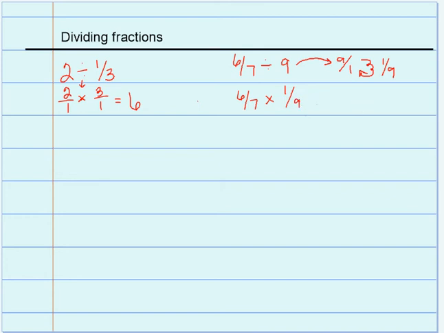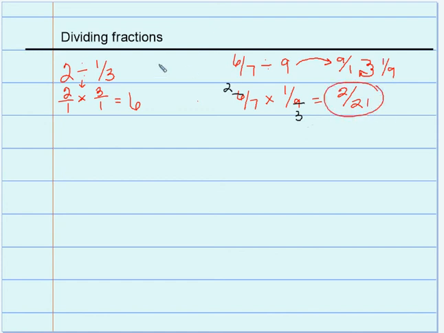And now I want to simplify first, because I know 6 and 9 have a factor of 3, so I'll divide 6 by 3 and get 2, divide 9 by 3 and get 3, and then I want to multiply. If you simplify first, it'll keep your numbers from getting so large that it becomes really difficult to simplify the fraction later. 2 times 1 is 2, 7 times 3 is 21. So that would be your answer there.